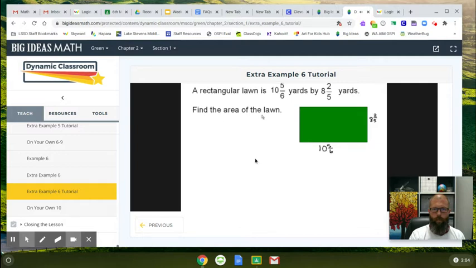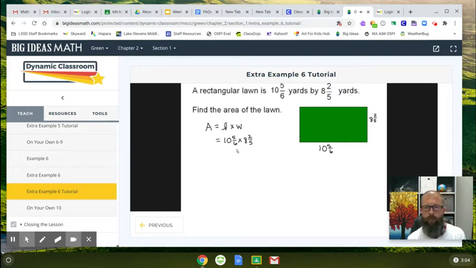So we can fill in our values. For the length, we have 10 5/6, and for the width, we have 8 2/5. Before we multiply these two numbers, let's take an estimate. When we estimate, we round both mixed numbers to the nearest whole number.